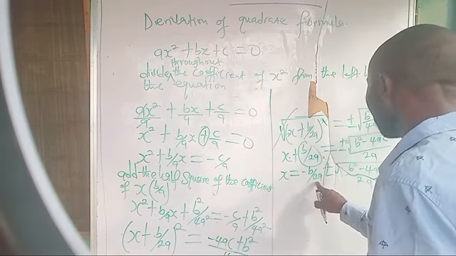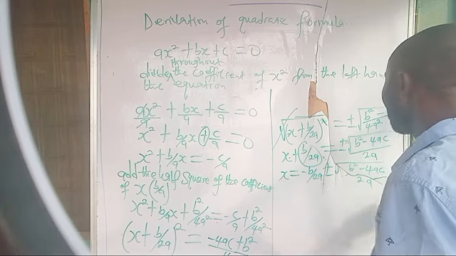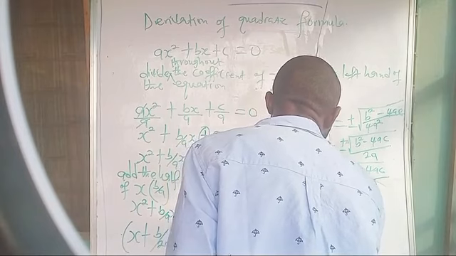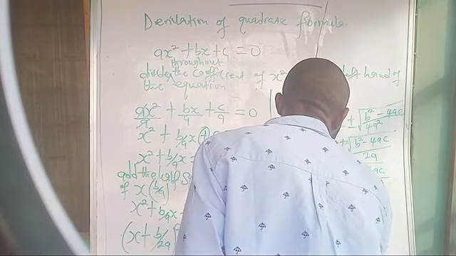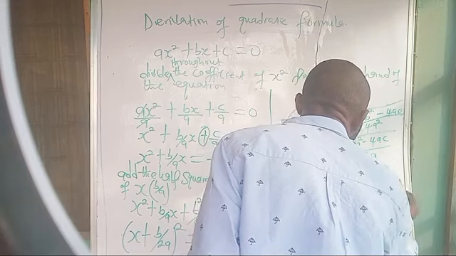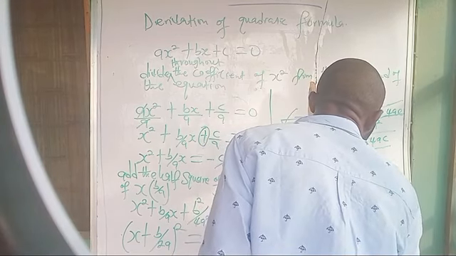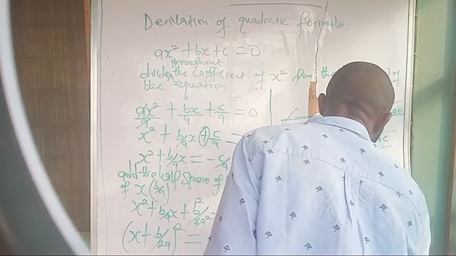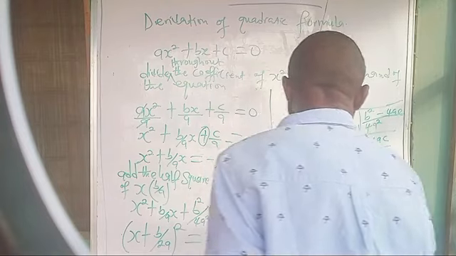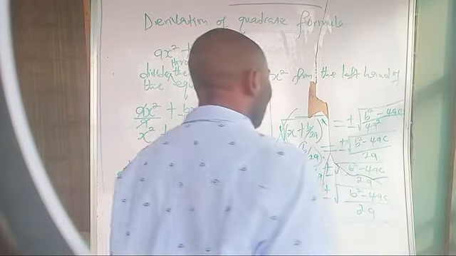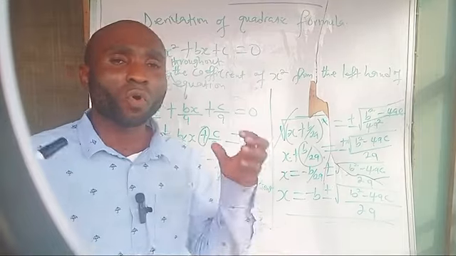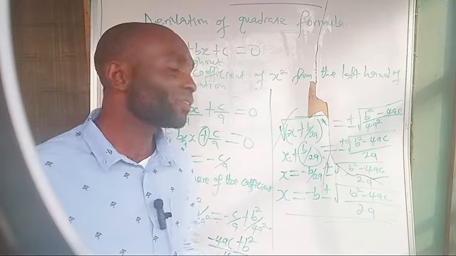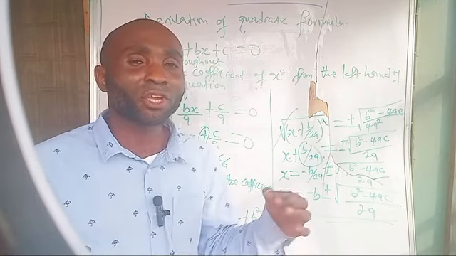Since 2a and 2a are the common denominator, we can further say x is equal to minus b plus or minus the square root of b squared minus 4ac, all over 2a. And this is the general formula of the quadratic equation. We still call it the almighty formula of the quadratic equation.